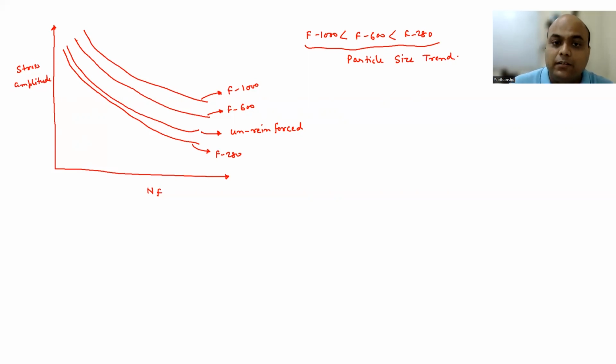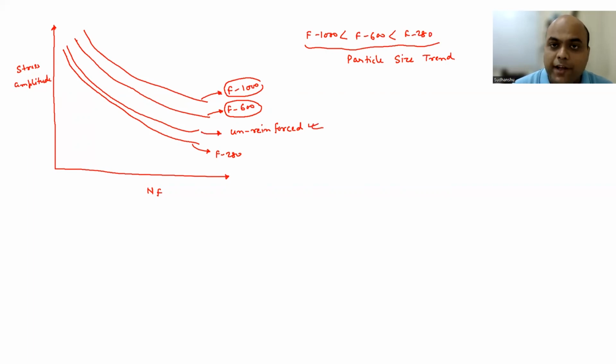So if you decrease the particle size, you are going to improve the fatigue behavior. You can see here that F1000 has a higher number of cycles to failure as compared to F600. That is point number one. Second, the MMCs are going to behave better as compared to the unreinforced alloy. You can clearly see here.